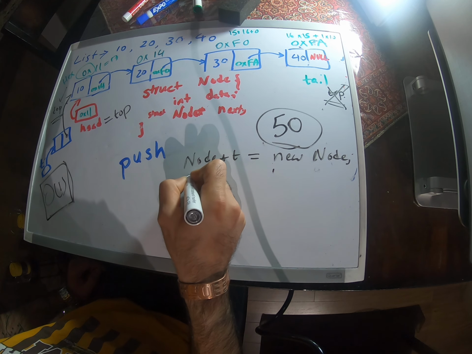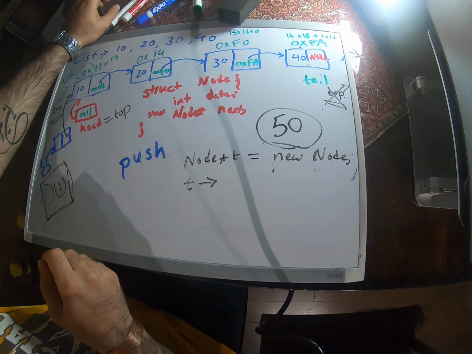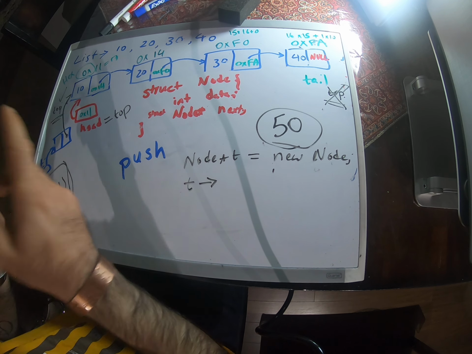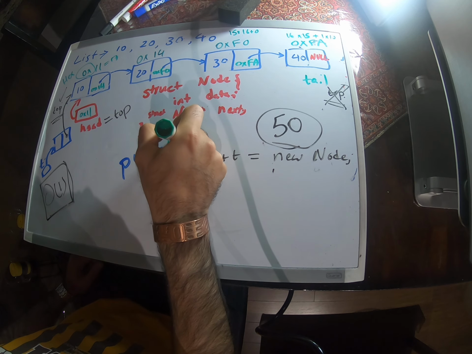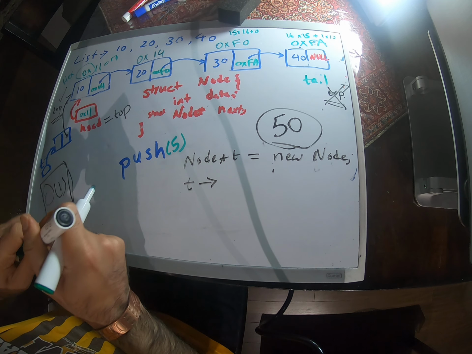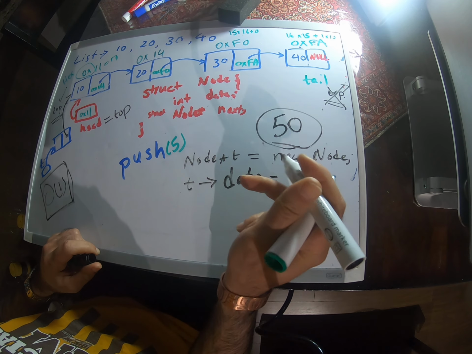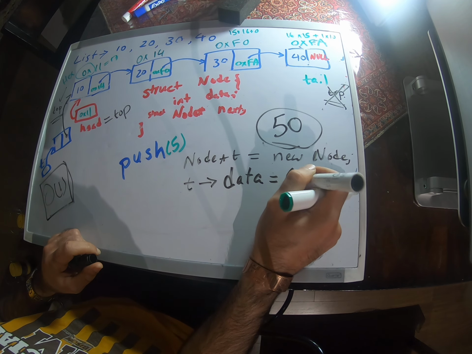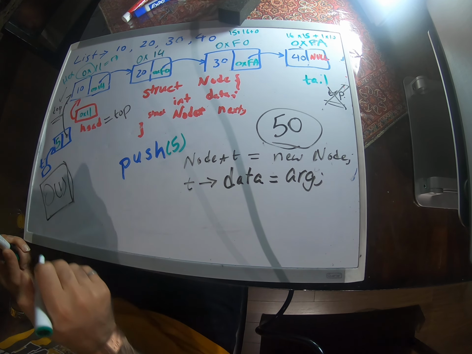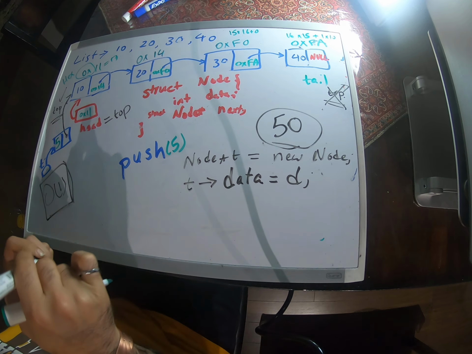So we want to say t arrow. First of all, we can put the data here, whatever data we want to push in this stack. Let's say we want to push number 5 in this stack. So we put t arrow data is equal to the argument that we want to put here. Let me call it data, D. So this 5 goes here.